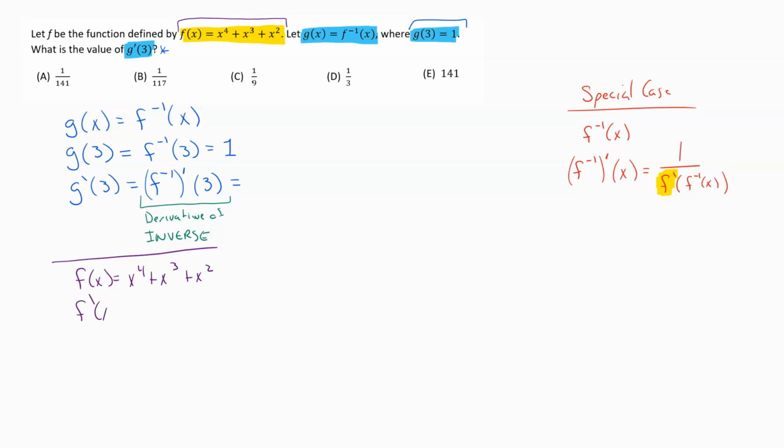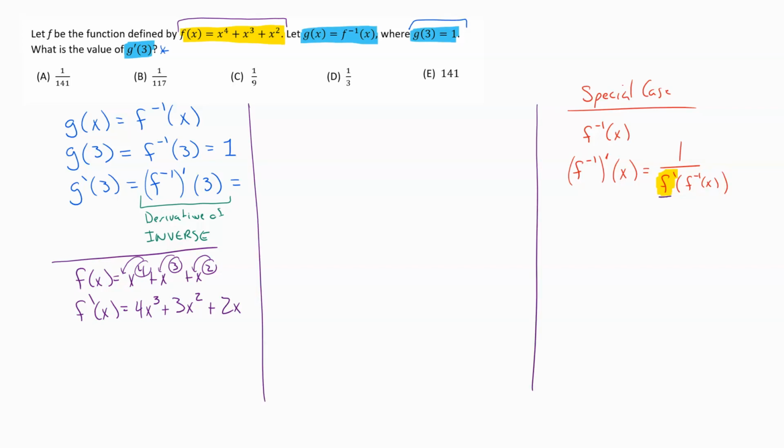Following the power rule, which says bring the power down and subtract 1 from the power: I bring the 4 down, x to the third, plus 3x squared, plus 2x to the first. So we've got the derivative that we need.